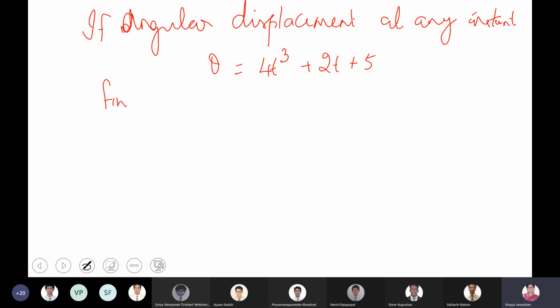Find angular velocity at time t is equal to 1 second.